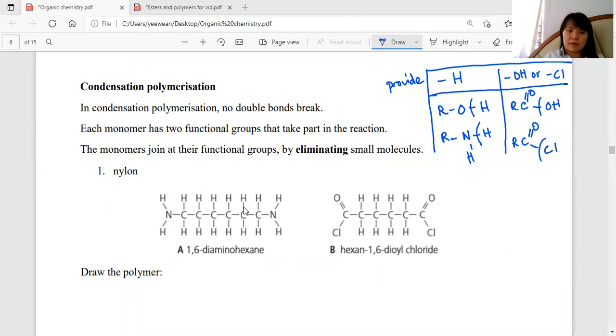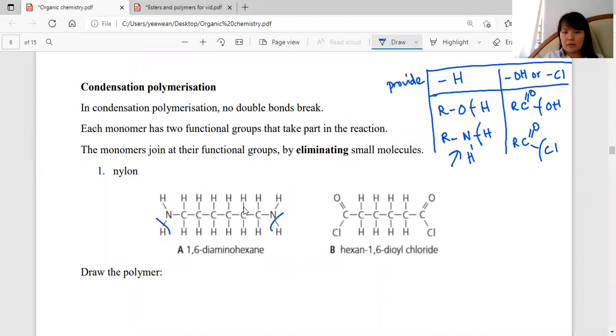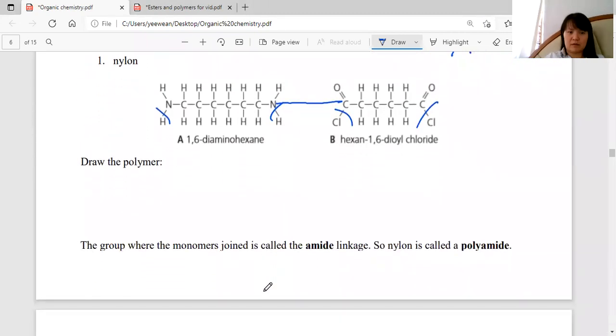Let's have a look at this example of nylon. So we're going to eliminate H from here. That's from this NH2. And there's a COCl here. We're going to eliminate this. And after we eliminate, then this N is going to bond to this carbon. Okay, let's draw that. So the H has been eliminated. I'm just going to copy the rest and H, and there's 1, 2, 3, 4, 5, 6.